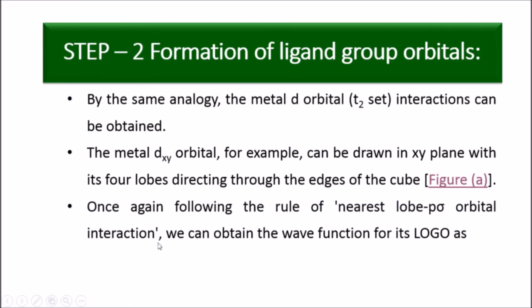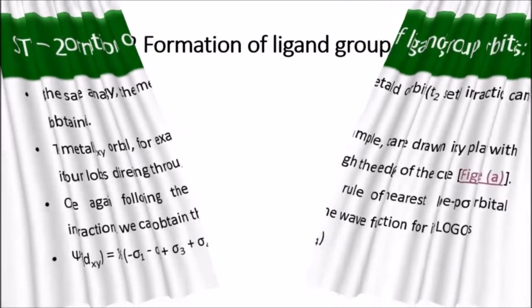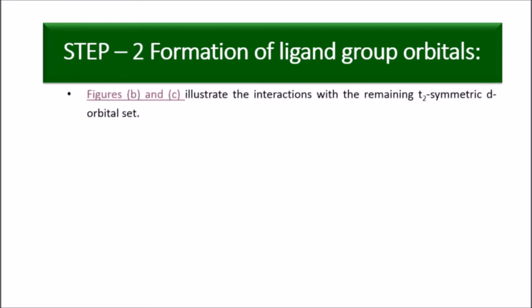Once again, following the rule of nearest lobe p sigma orbital interaction, we can obtain the wave function for its LGOs, psi2 dxy half. Again, 1 and 2 have minus interaction, 3 and 4 have positive lobe interaction, resulting in PMO.